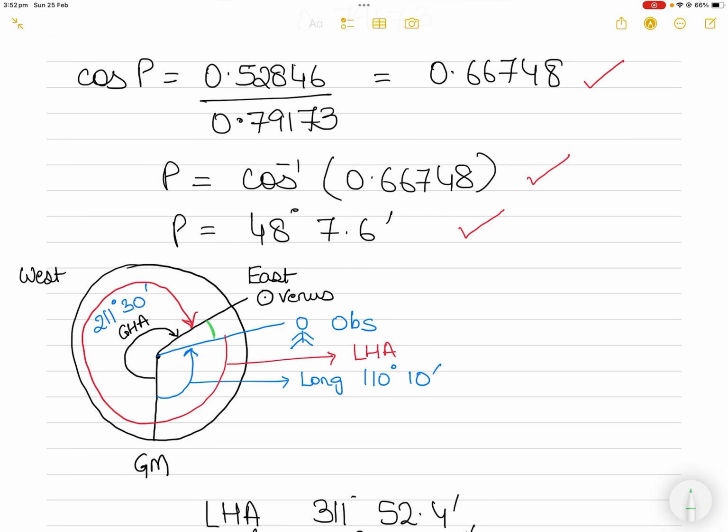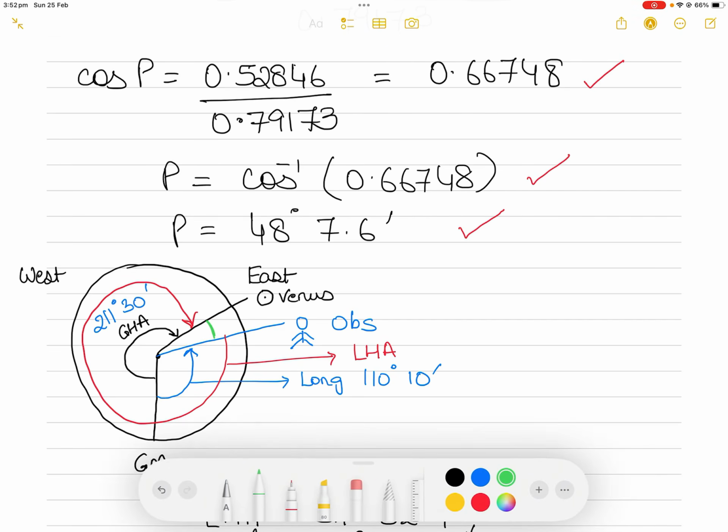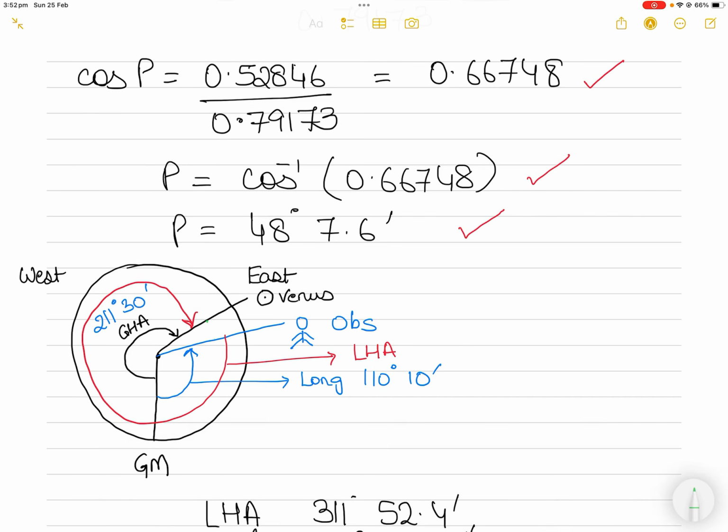So I can figure out the red part. It is definitely more than 300 degrees. I can see that clearly. So in this case P cannot be equal to LHA.